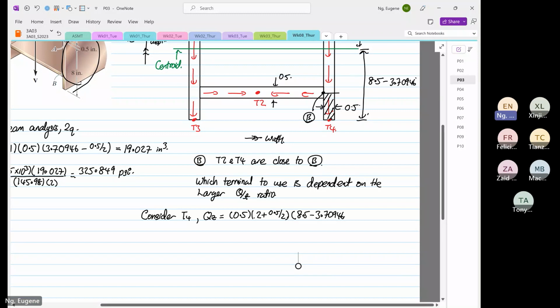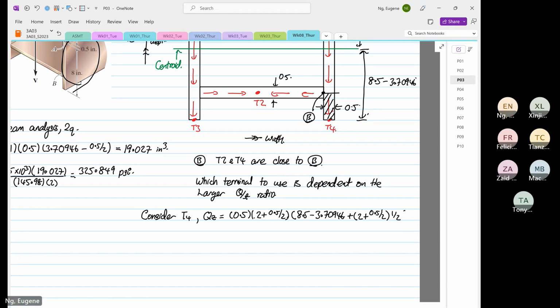Then we are going to take the 2 plus 2, okay, plus 0.5 divided by 2, and then we're going to multiply this by half. So this should be a square bracket.